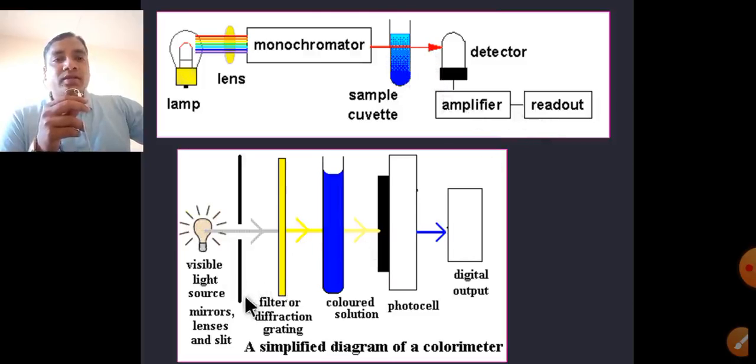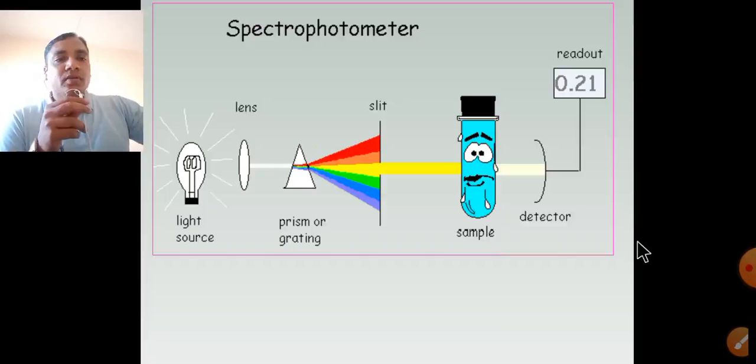Same as a simplified diagram of the colorimeter: light source, mirror, lens, filter the light and then pass through the solution, and the transmitted light is collected by the photovoltaic cell and they read out the galvanometer to output the digital output. Same as spectrophotometry, they detect the unknown concentration of the solutions.